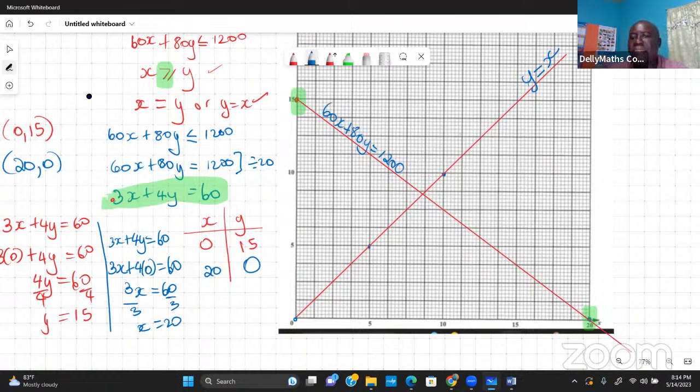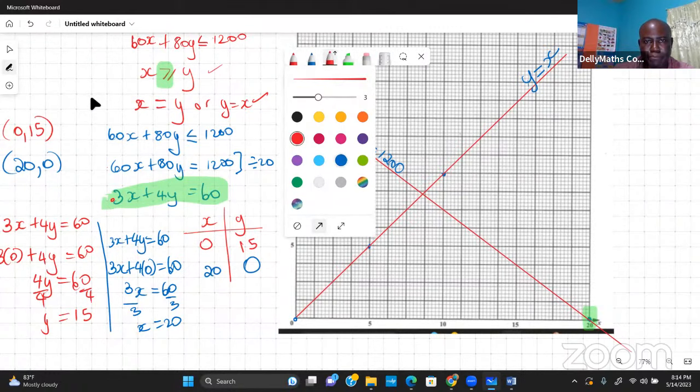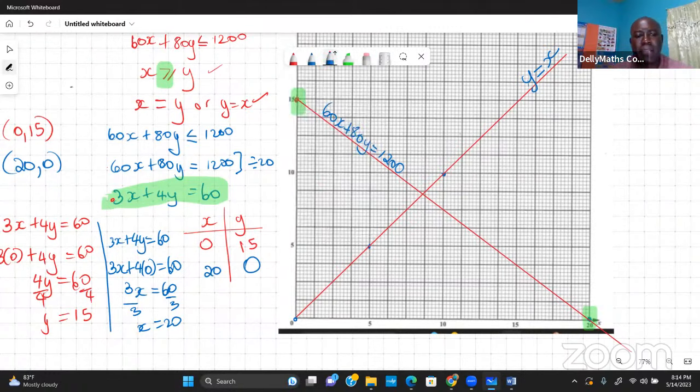All right, so now that we have that, what we need to do, as I said, is shade the region that satisfies both and call it R. That's what the question says. So to find the region that satisfies both, let us do the label. You focus on the inequality to label.